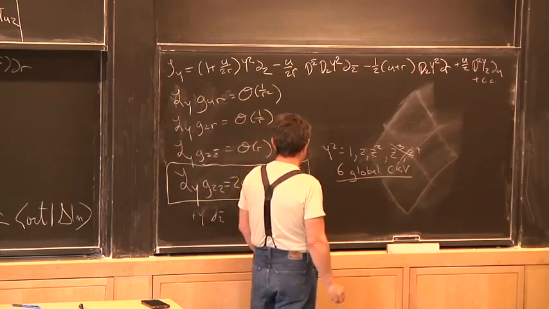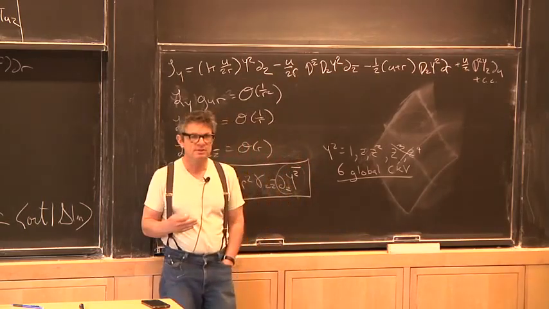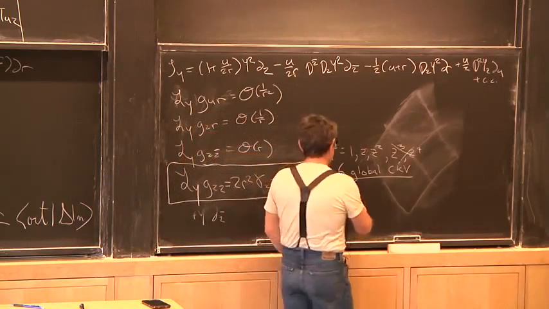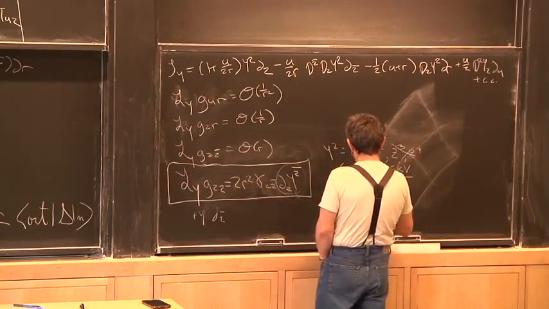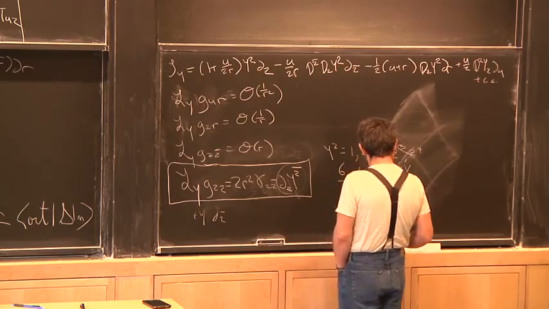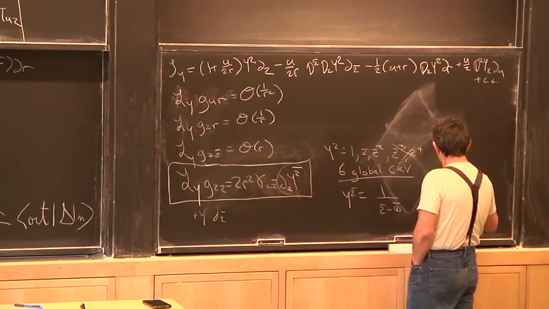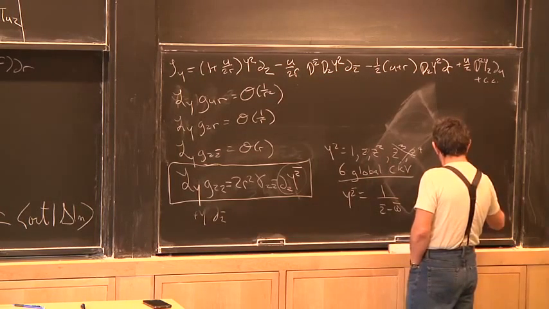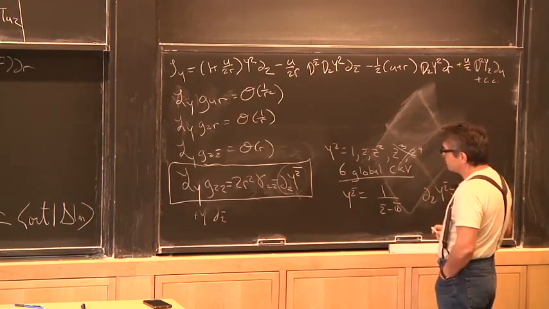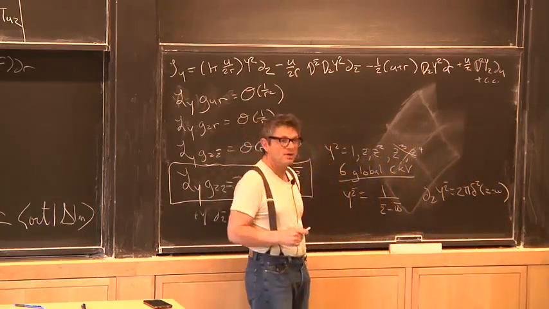And so they said yz bar can be any meromorphic function on the sphere. Now, if yz bar is 1 over z bar minus w bar, then dz yz bar will be equal to 2 pi delta squared z minus w. So you can't have this be 0 everywhere on the sphere.